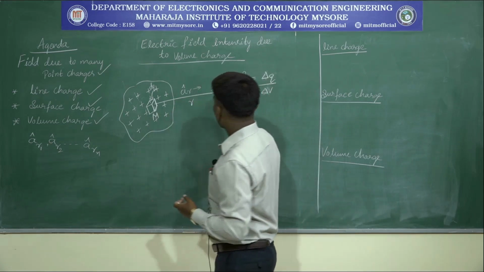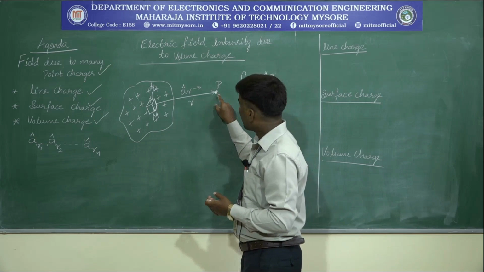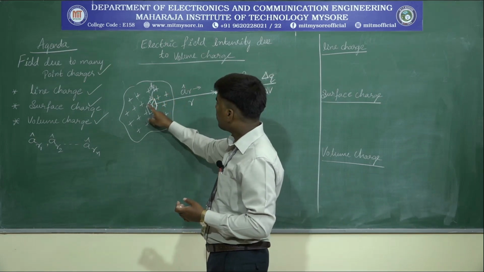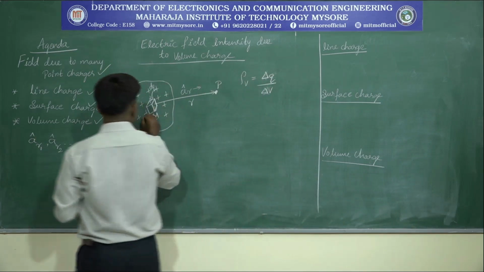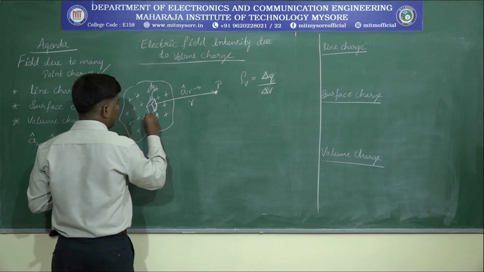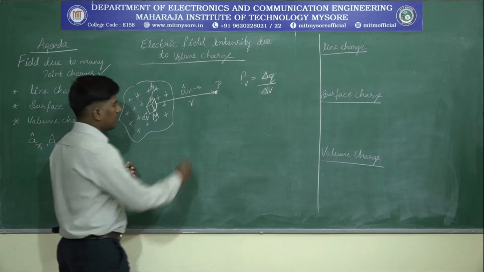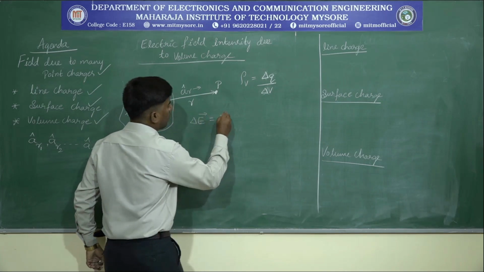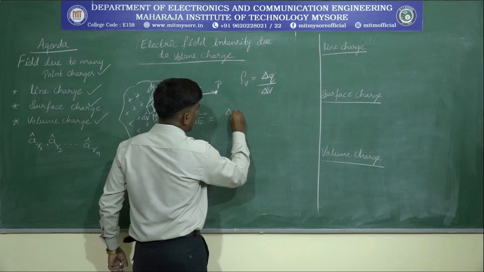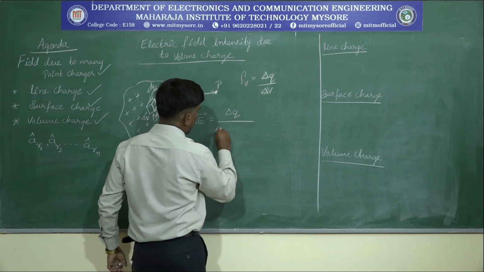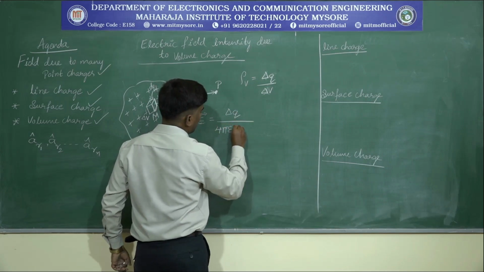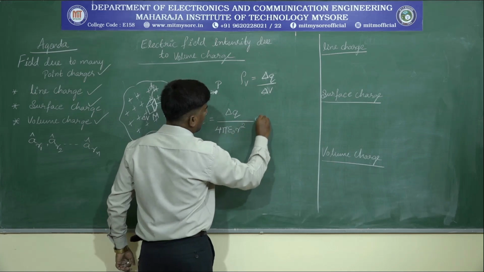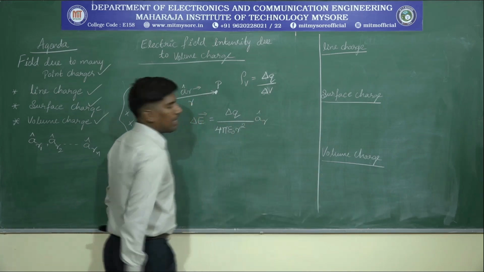So electric field intensity at point P due to the elementary volume, delta V, is given by delta E is equal to delta Q divided by 4 pi epsilon naught into r square into the unit vector a cap r.